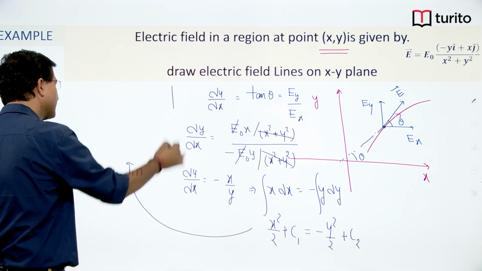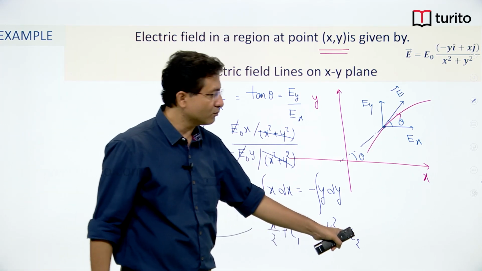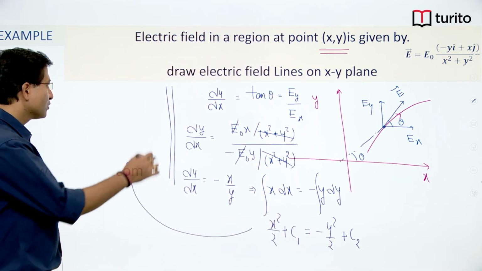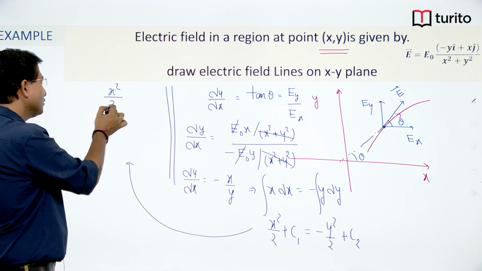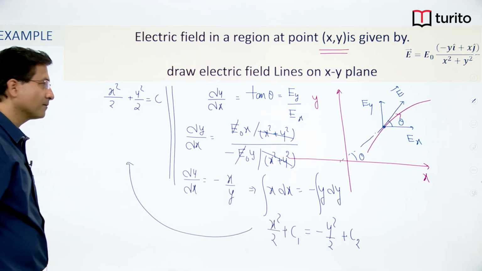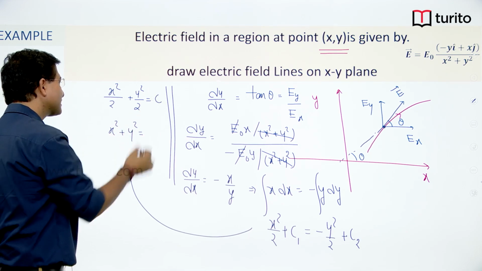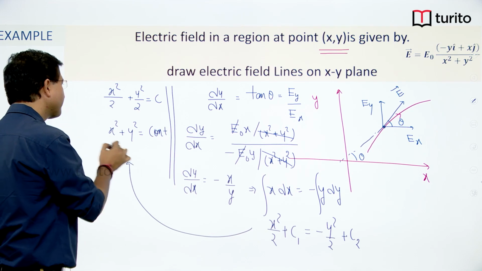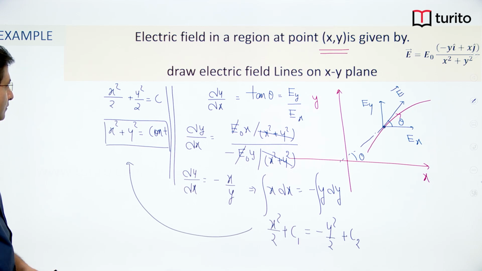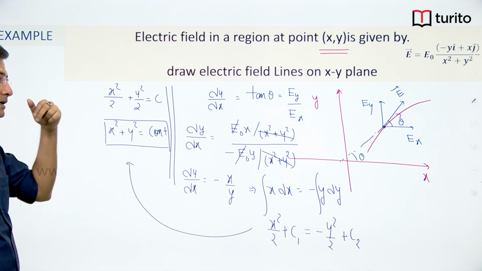If I simplify, C1 constant, C2 constant, I can bring it here, C2 minus C1 I can write as another constant C. So, this can be written as x square by 2 plus y square by 2 is equal to some constant C. So, this can also be written as x square plus y square is equal to some other constant.